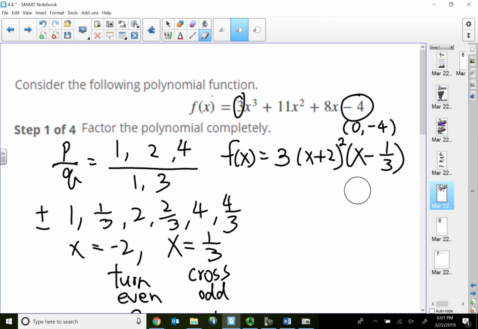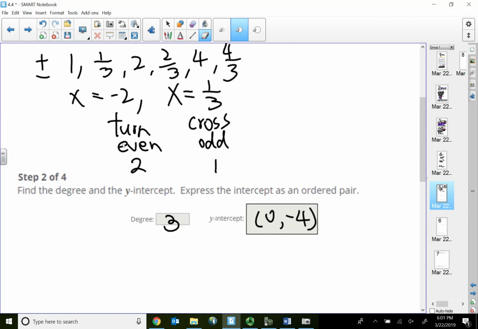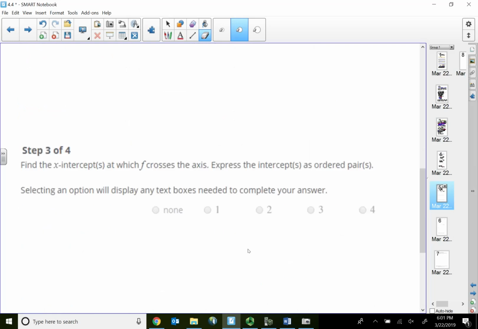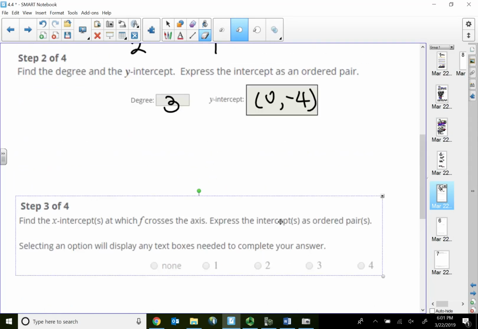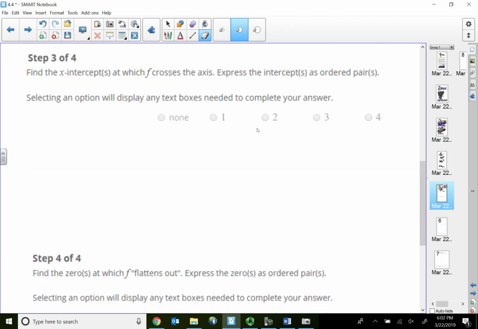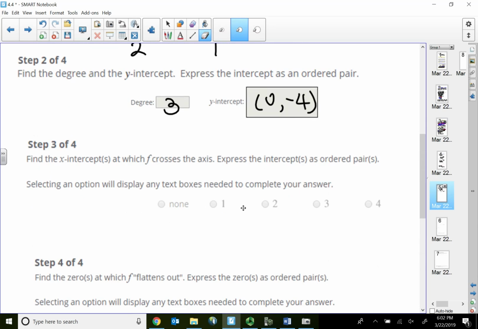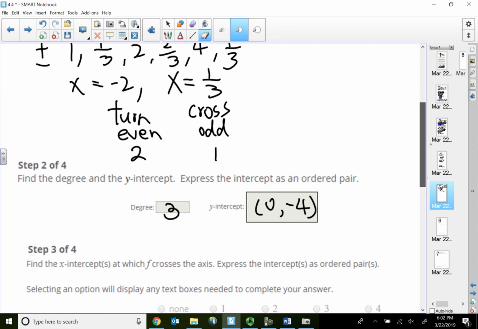So I have my third power. I know where it crosses and where it flattens already, so I can quickly insert the other parts. Let me move this up real quick. The x-intercept at which the function crosses is when x equals 1/3.